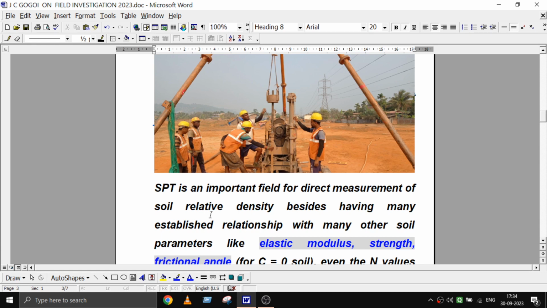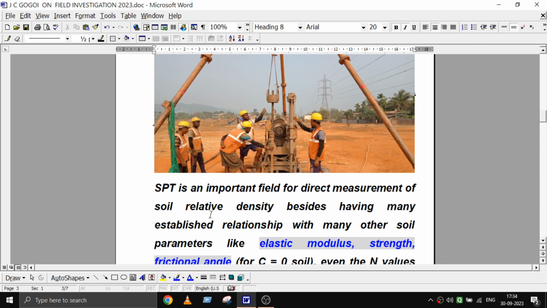everywhere I saw that the dynamic cone test results never give a proper correlation as per IS specification and with some other standard textbooks.